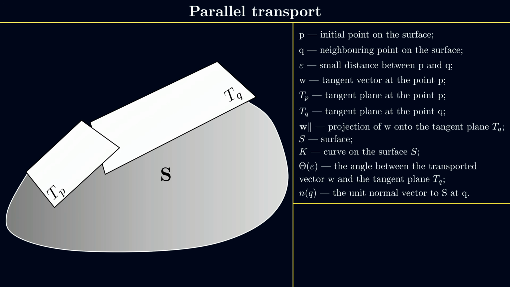Let's now examine the extrinsic method of parallel transport. Suppose at point P, a tangent vector W is given.